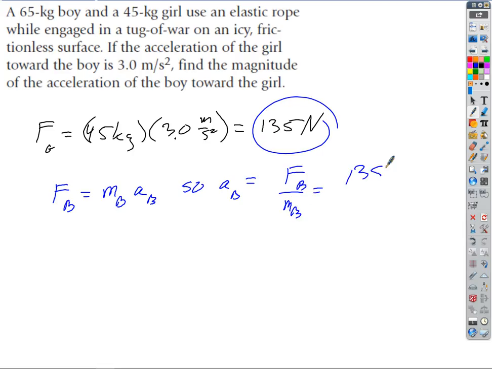So 135 divided by 65 is about what? 2.08. So about 2.1 meters per second squared, right? Make sense? Yes.